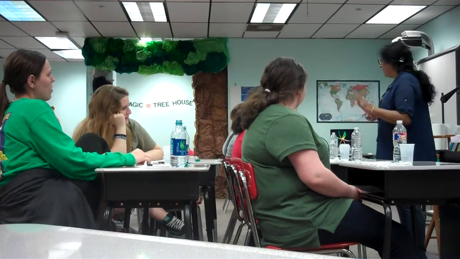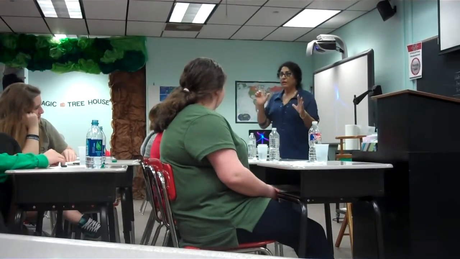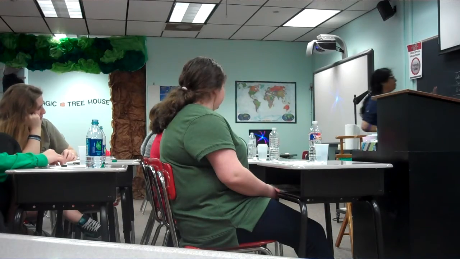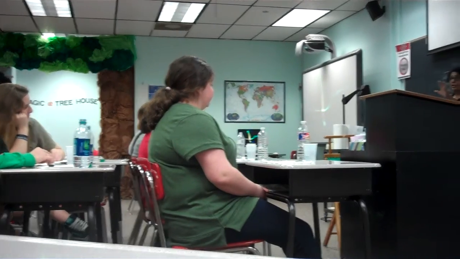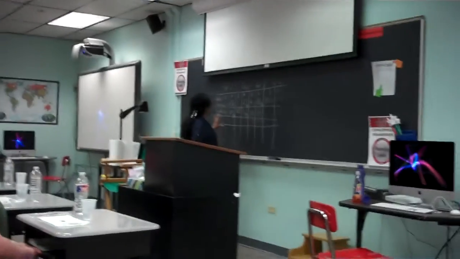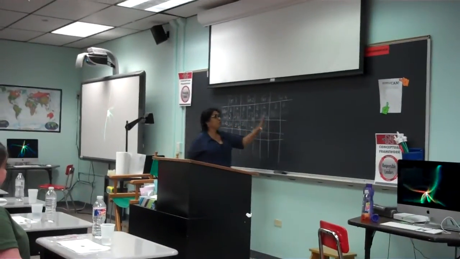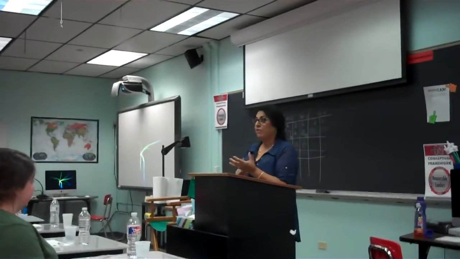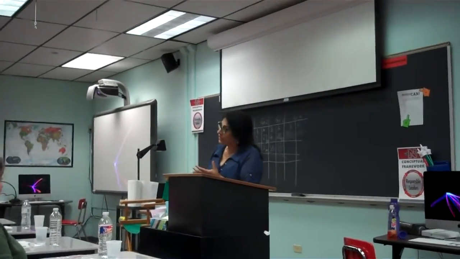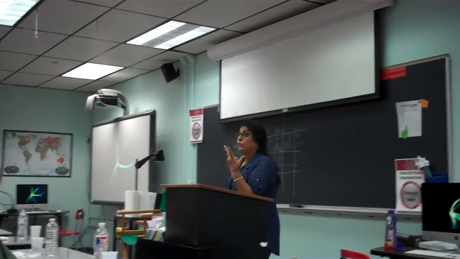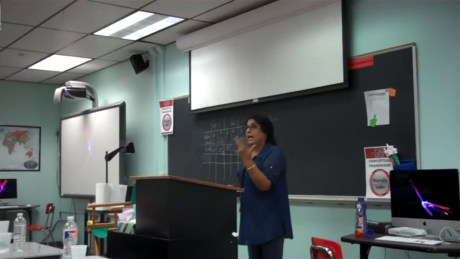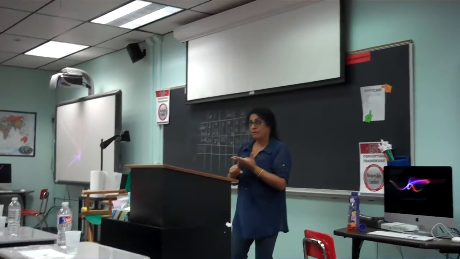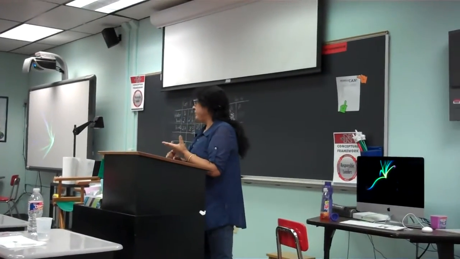Okay. Let me start with this. This is my first idea about introducing an inquiry lesson. We are done with water, and we have found, number one, that the water drops for different groups are different. Number two, we have seen that there are some experimental errors we should take care of.